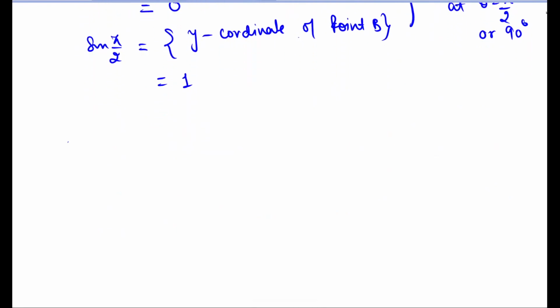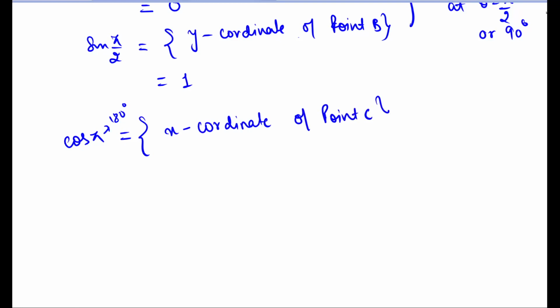Next we have cos pi. Pi is 180 degrees. So cos 180 is the x coordinate of point C, which is equal to -1.